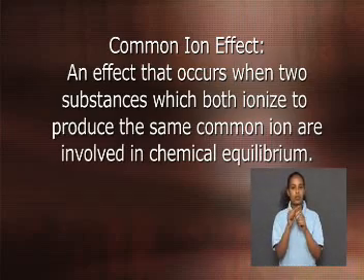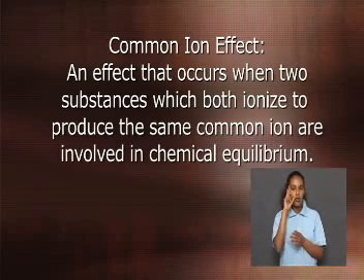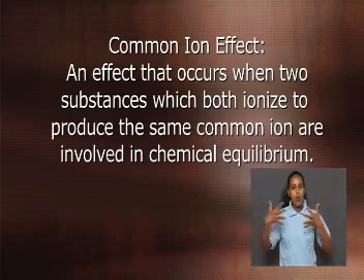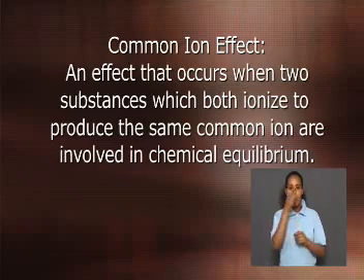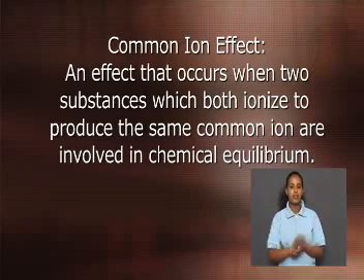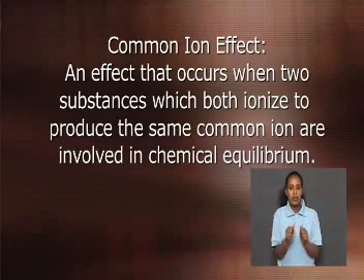In other words, it is caused by the addition of a compound that has an ion in common with the dissolved substance, which shifts the equilibrium. When a common ion is present, it suppresses the ionization of a weak acid or a weak base. Students, shall we look at an example?